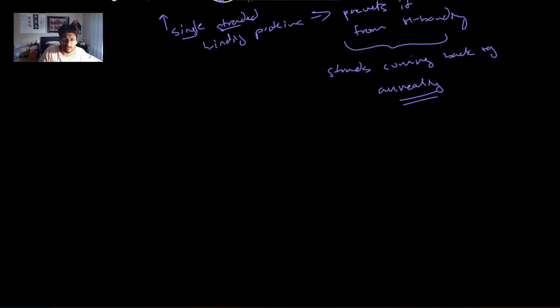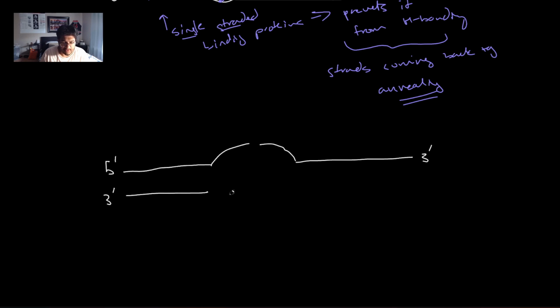So, anyways, we got our 5' strand. We have our origin of replication, and our 3' strand here. Now, like I said, DNA is replicated from the 5' to 3' direction.